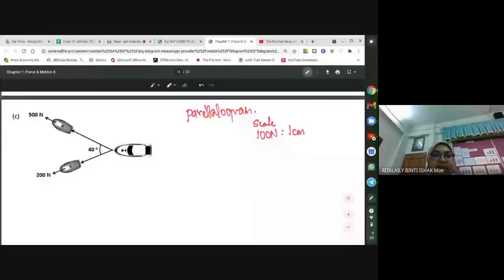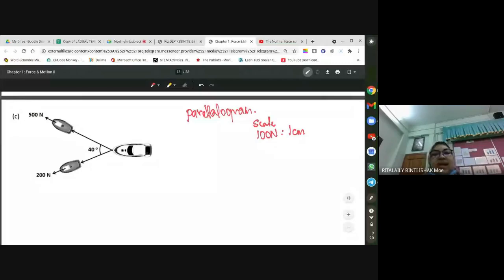If this type of question occurs in your exam, you need to use a ruler and a protractor because you need to draw the force with a suitable scale, and the angle should be accurate. Otherwise, your answer won't be correct.